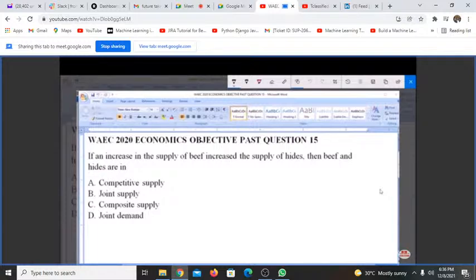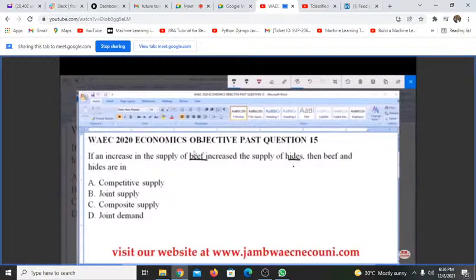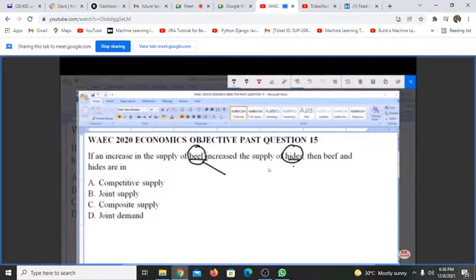So we're asked what happens when you have two products, hides and beef. And here we said the increase in supply of beef increased the supply of hides. Now, both of these products are gotten from the same source, that is cattle. And when you have two products obtained from the same source, it is linked to the type of supply known as joint supply.